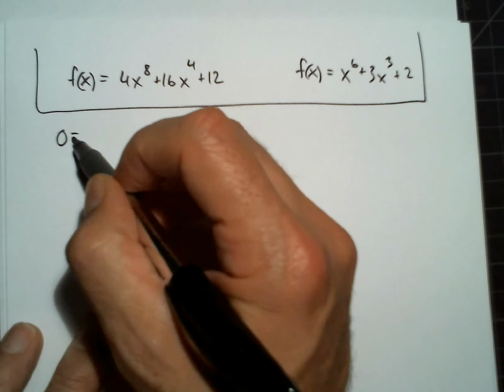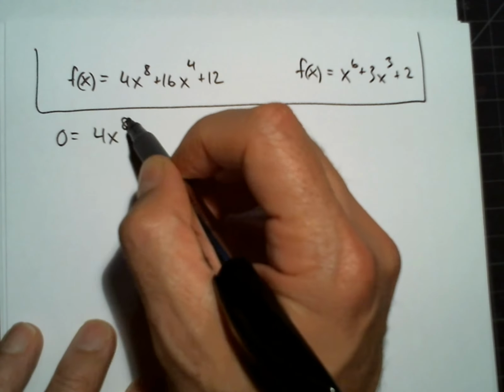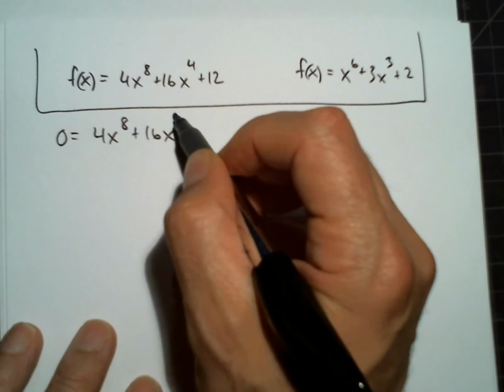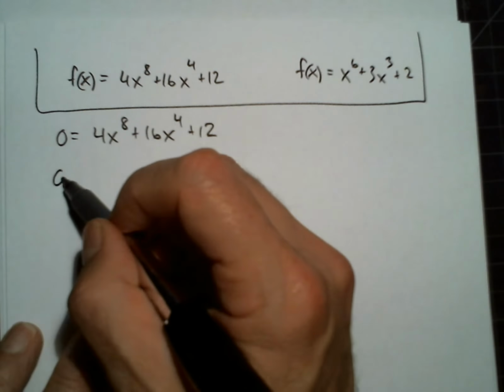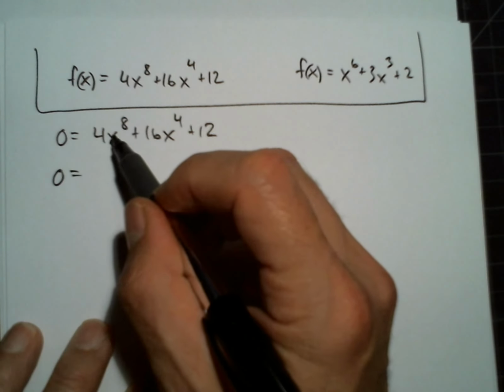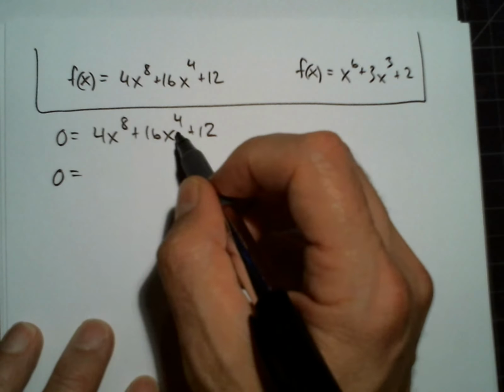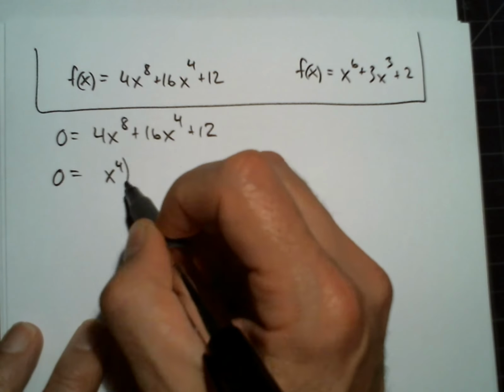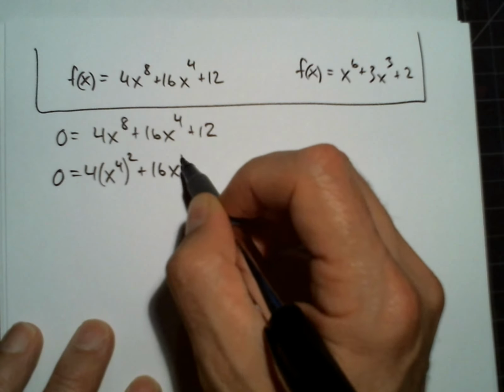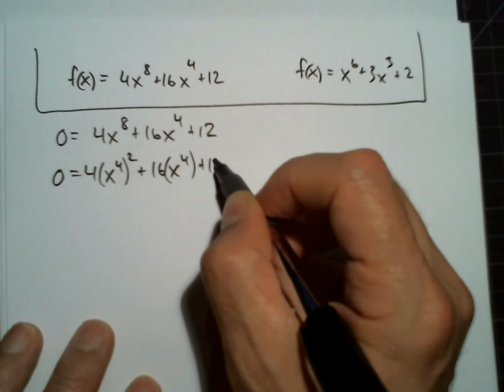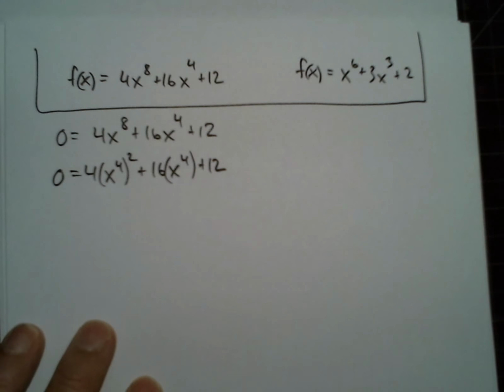So we're going to find the zeros. But we're going to rewrite this as x to the 4th squared.